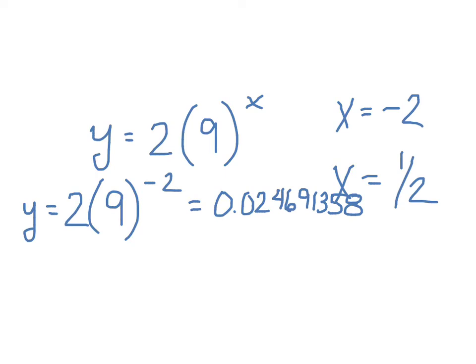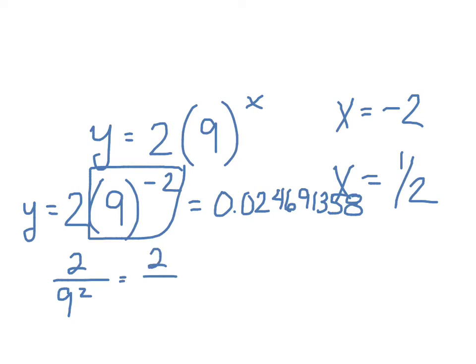Here's what you would do. If you remember what we did in section 6.1, do you remember how the negative exponents went to the bottom? Yes. That would be a 2 over 9 squared. What's 9 squared? What's 9 times 9? 81. So your big fraction was probably the same as 2 over 81.